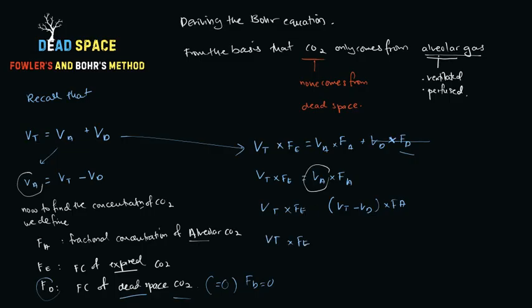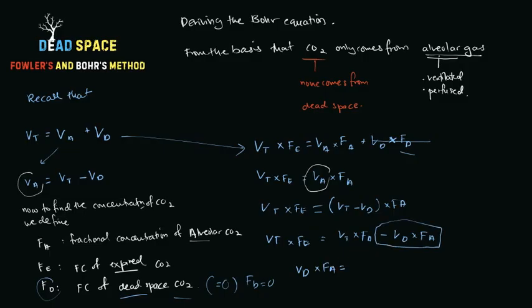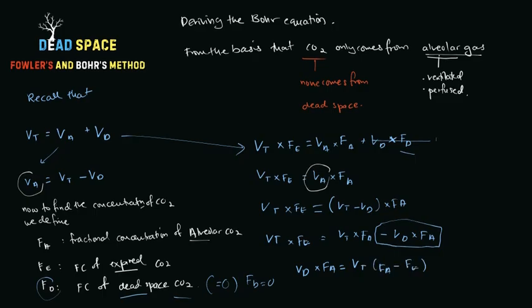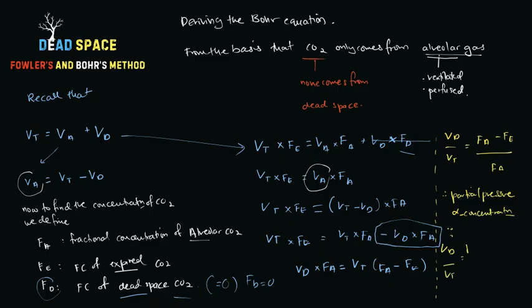So multiplying the brackets, expanding the equation will give us Vt times Fe is equal to Vt times Fa minus Vd times Fa. We want to bring this portion forward, so rearranging will give us as such. So rearranging this formula will give us back the Bohr equation: Vd divided by Vt is equal to Fa minus Fe divided by Fa.